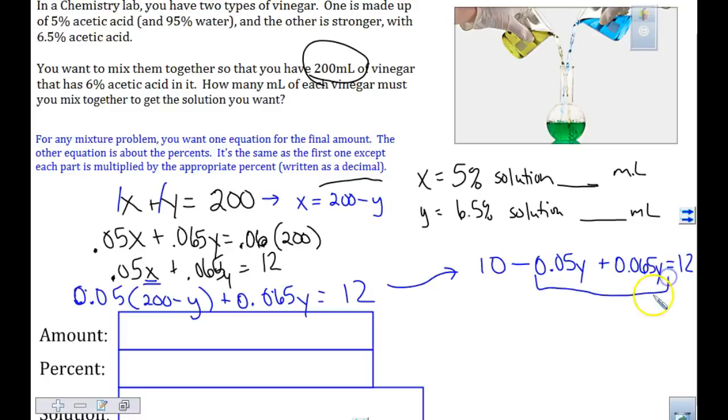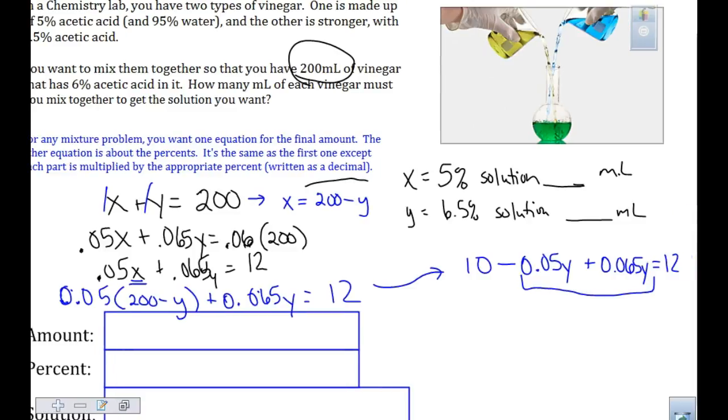Now, for a lot of you, when you add these like terms at that same step, you actually could, at this point, subtract 10 from both sides of your equal sign. So we get 2 equals. If I have 0.065 minus 0.05y, that leaves us with 0.015y.